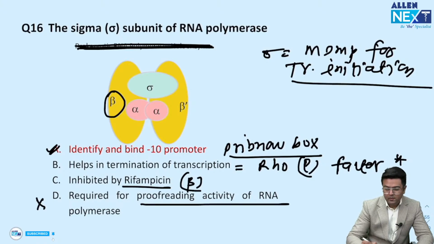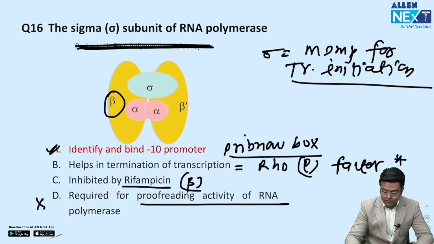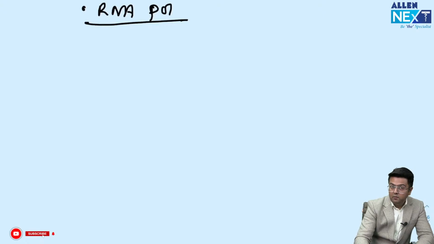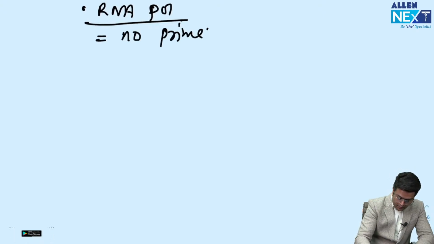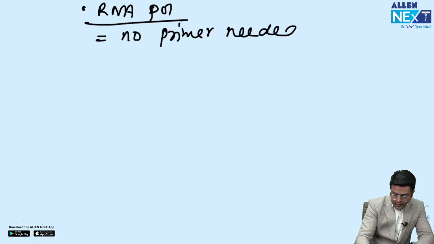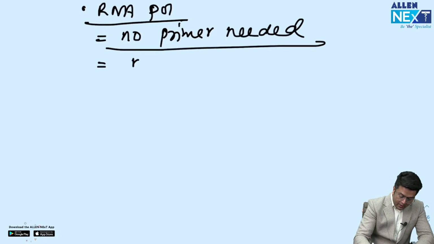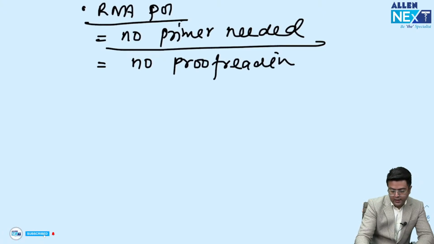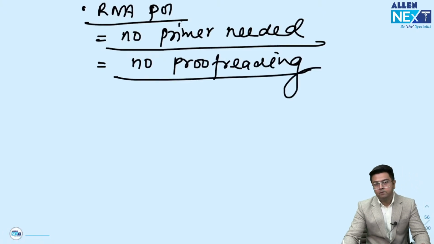Required for proofreading activity of RNA polymerase. Guys, RNA polymerase compared to DNA polymerase, remember that: when we compare RNA polymerase with DNA polymerase, no primer is required, and there is no proofreading activity, right? So that's the difference between RNA polymerase and DNA polymerase.